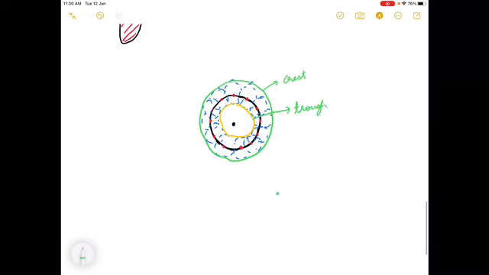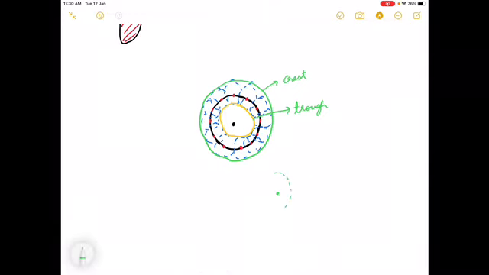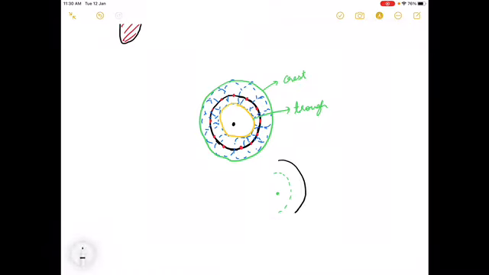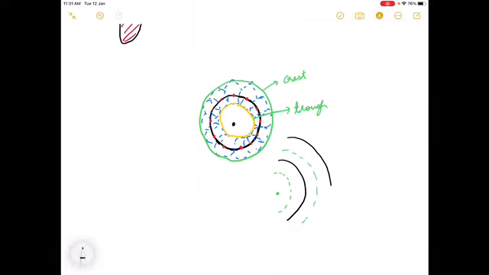Whenever there is a source, there will be a trough, and then there will be a crest, again a trough, then a crest. It's just a way of understanding things so that you can understand what is actually happening, right?